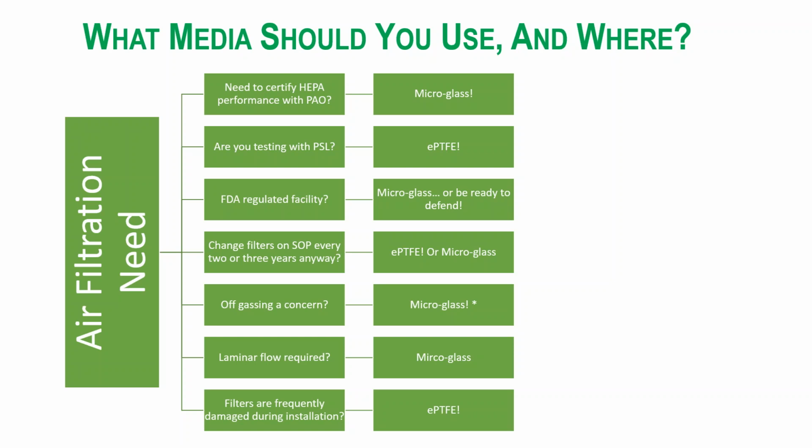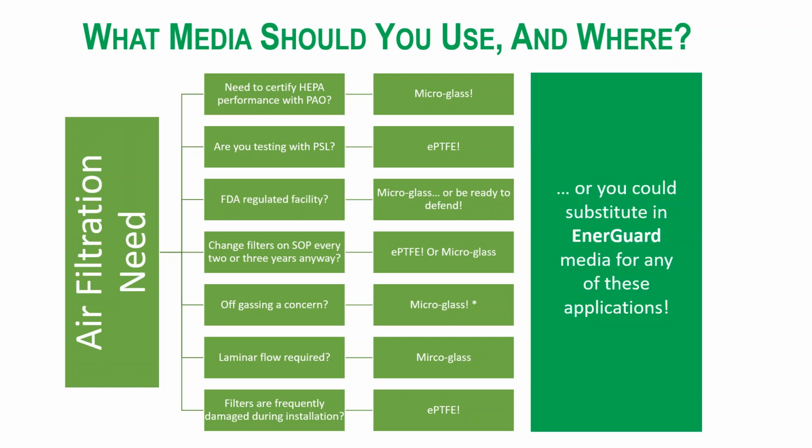You definitely want to consider using a PTFE or a membrane in order to protect the handling of that filter. Or from what we've seen in the tests as well, you could substitute in the so-called new EnerGuard media for any of these applications in either place. Because again, it does seem to have both the principles of microglass and of PTFE at the same time without any type of fall off. So it could be substituted in relation to that.